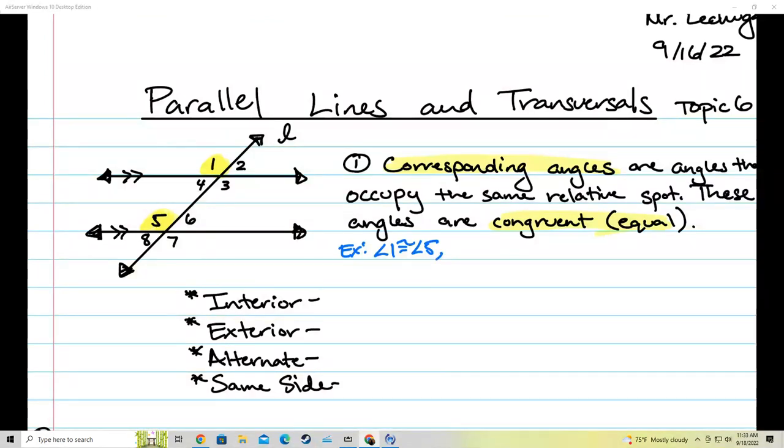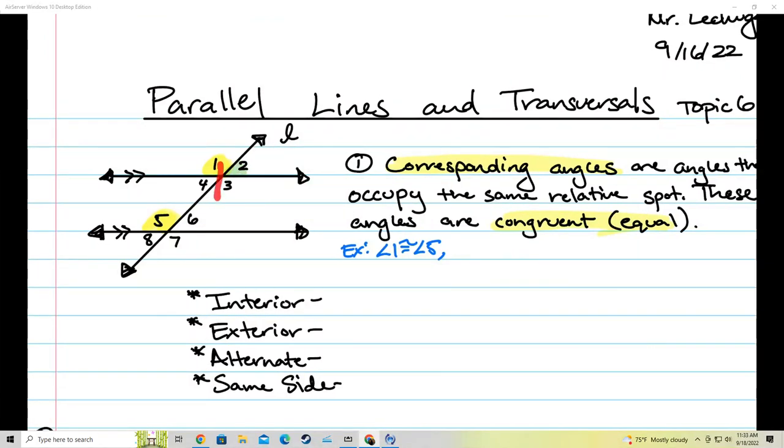We can take a look at angle 2. If I focus on angle 2, I would say angle 2 is on the top right. And out of the ones down here, the one on the top right would be angle 6. Since angle 6 corresponds to angle 2, I can say that angle 2 is congruent to angle 6.